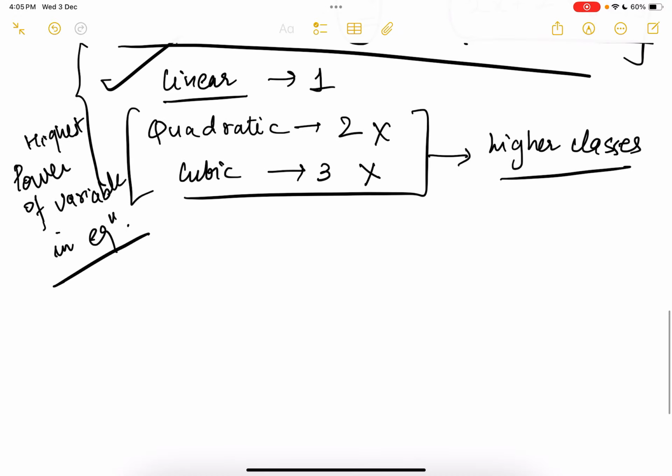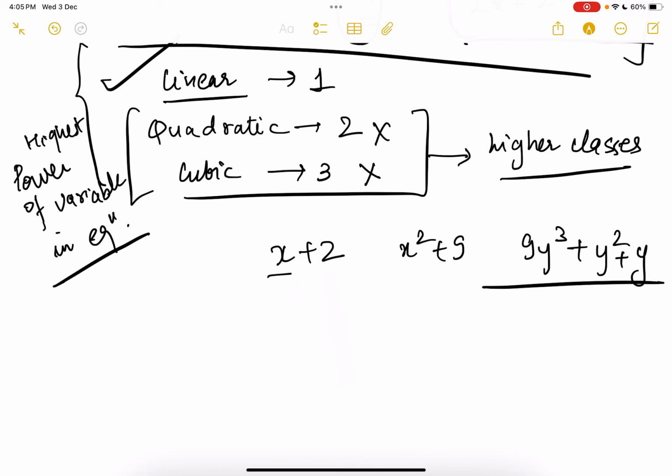Suppose I write x plus 2, x square plus 9, 9y cube plus y square plus y. These are the three expressions which I have written. In the first one, the highest power is 1, that is linear.